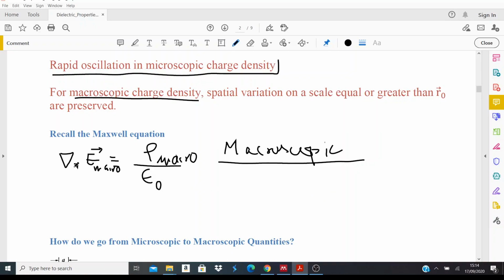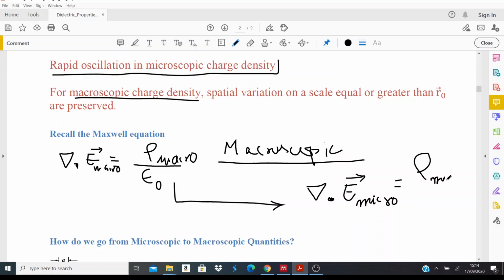So if somebody asks what the corresponding Maxwell equation for the microscopic field should be, you have to say: the divergence of the electric field, but not the macroscopic, rather the microscopic electric field. And on the right hand side, the charge density must be microscopic, divided by the permittivity of free space. That's the difference between macroscopic and microscopic fields.